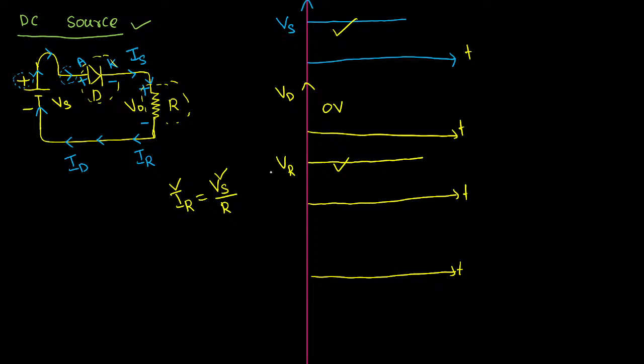Why? Because here the current value will become voltage divided by the resistor value. So based on this resistor, the current may decrease or increase, but the waveform structure will be similar. Only the magnitude will be different. It depends on the value of R. So this is how we draw and analyze this circuit. Simply, we can do it like this.